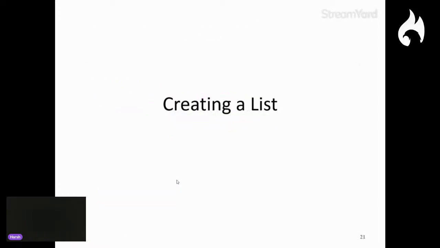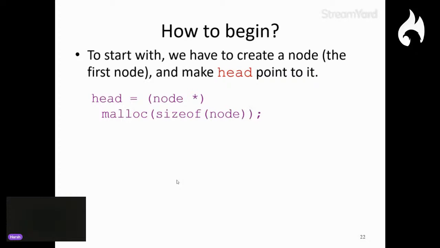So how do we create a list and begin with that? In a linked list, we will need a head pointer and a node. Basically, we can make the first node be pointed to by the head.